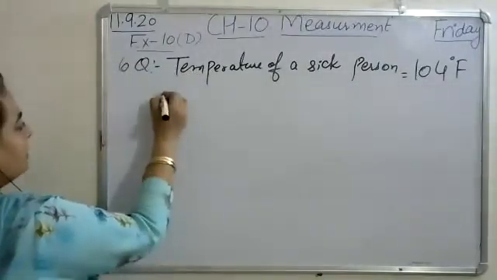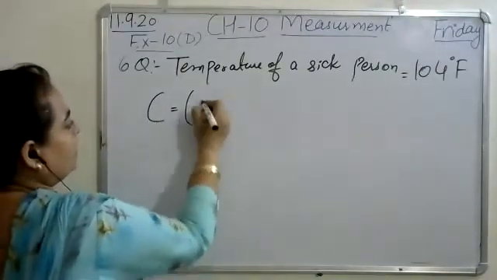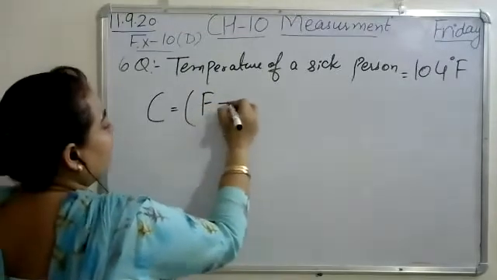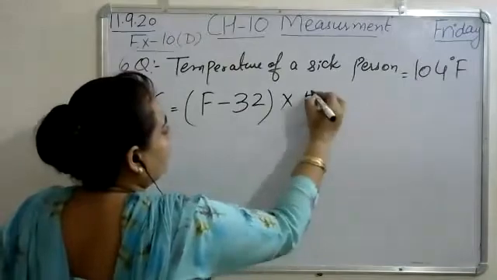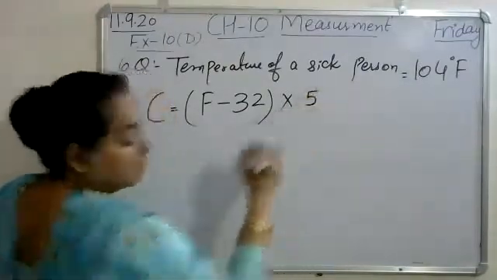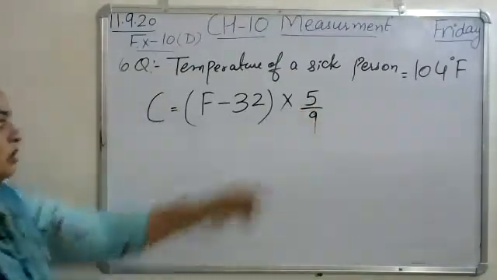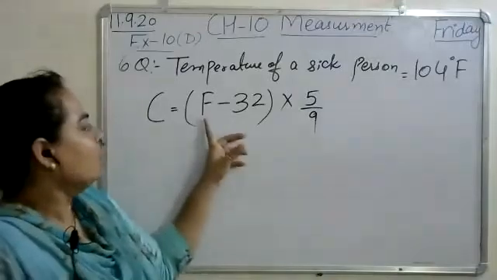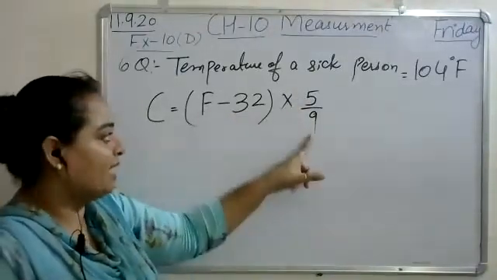As we know that Celsius is equal to, under bracket, Fahrenheit minus 32, multiplied by 5 by 9. This is the formula. Celsius is Fahrenheit minus 32 multiplied by 5 by 9.